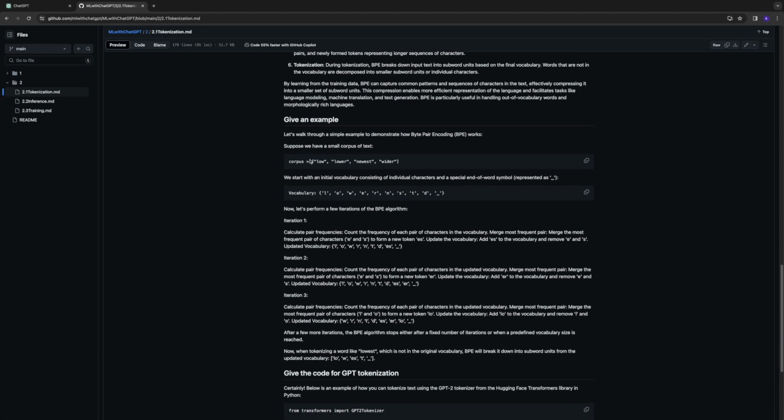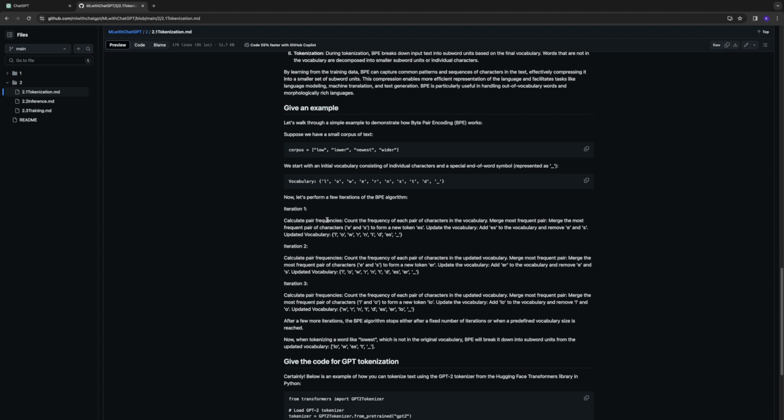For example, we have these words: low, lower, newest, and widest. So you build a vocabulary of characters, and then you compute the frequency of the characters. For example, "es" appears together, so you can put them together.